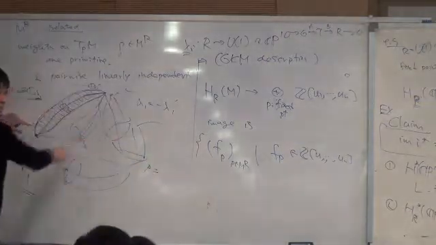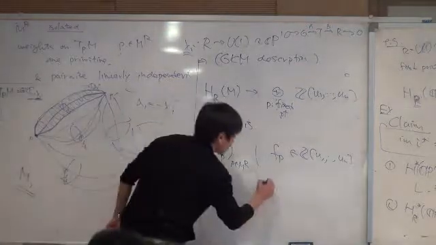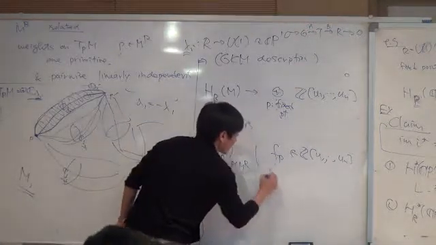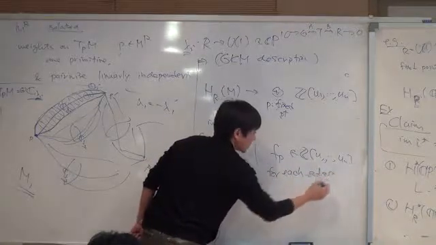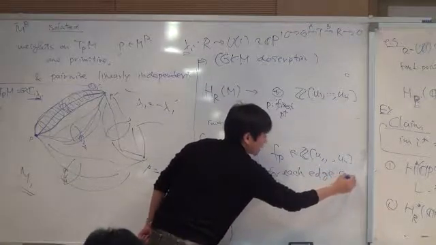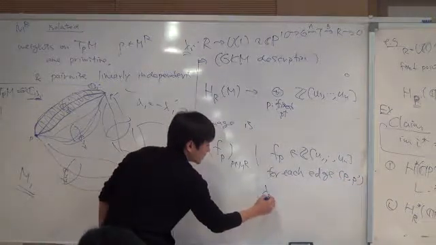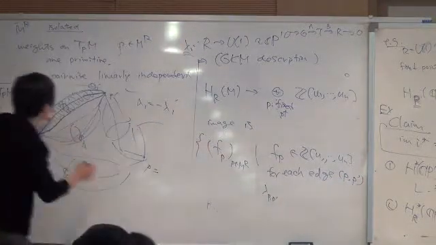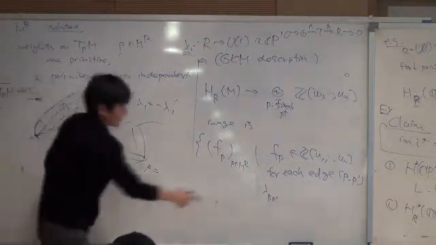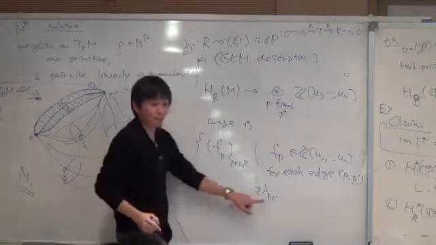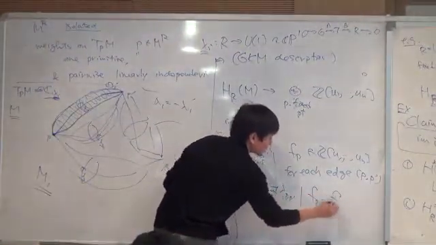For each edge, say P and P prime, there's a corresponding weight, this weight and then minus of that. So plus or minus lambda of P prime divides f_P minus f_P prime.